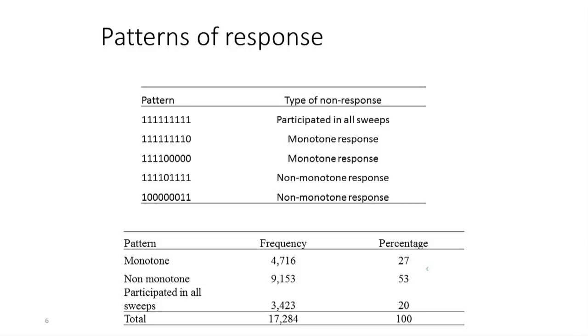Well, if you look at the bottom table, 27% of the participants of the original survey represent a monotone pattern of response. But an amazing 53% fall into this non-monotone category. And it's that loyal 20% who have responses for every single sweep, as at age 42.